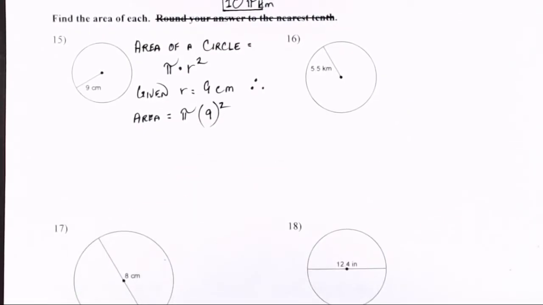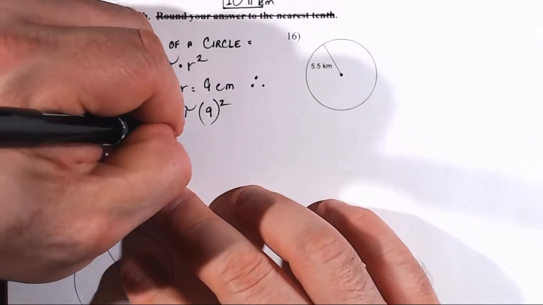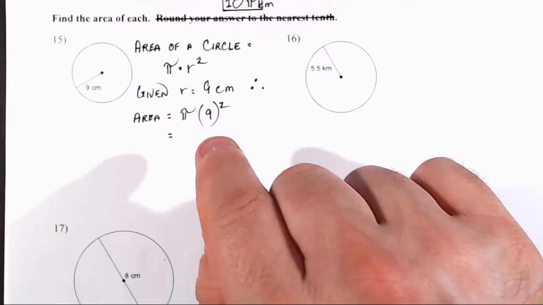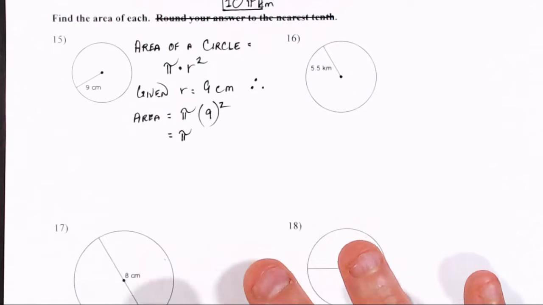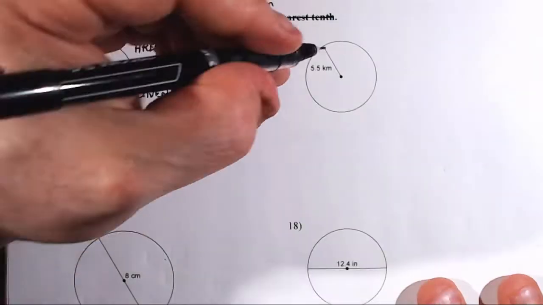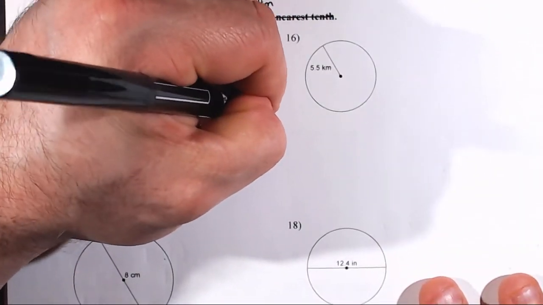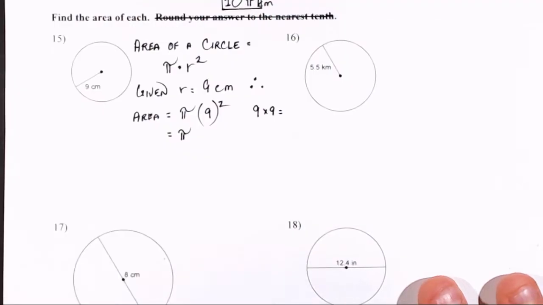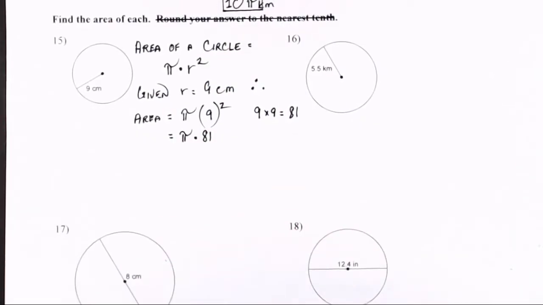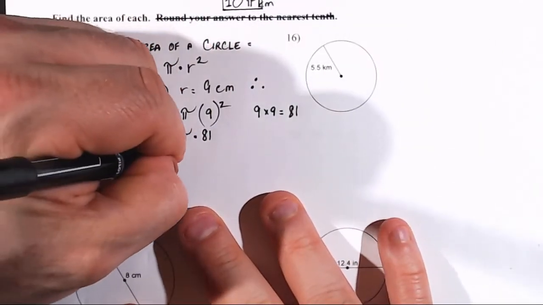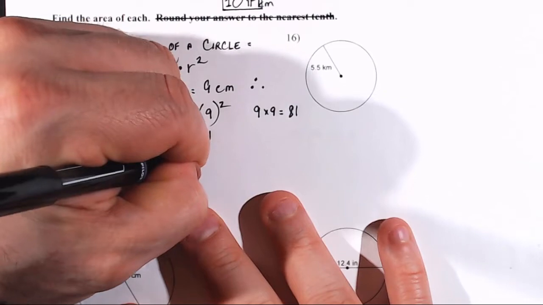So now this is my work I've got to do. The area is equal to pi times r squared, pi times 9 squared. Now 9 squared is just 9 times 9, and 9 times 9 is 81. So I've got pi times 81. And a cleaner way to write that is just to write 81 pi.